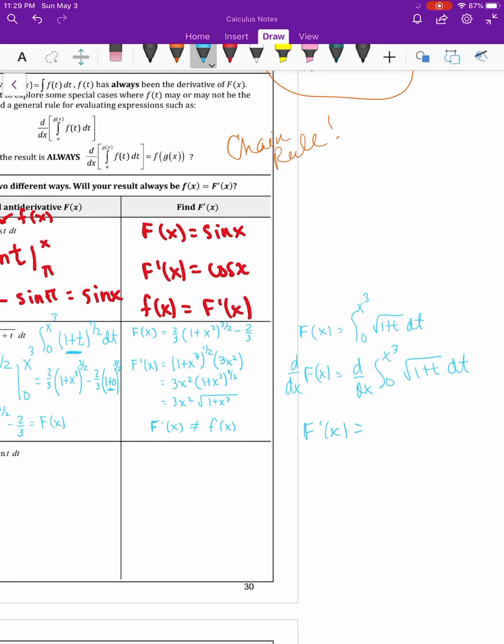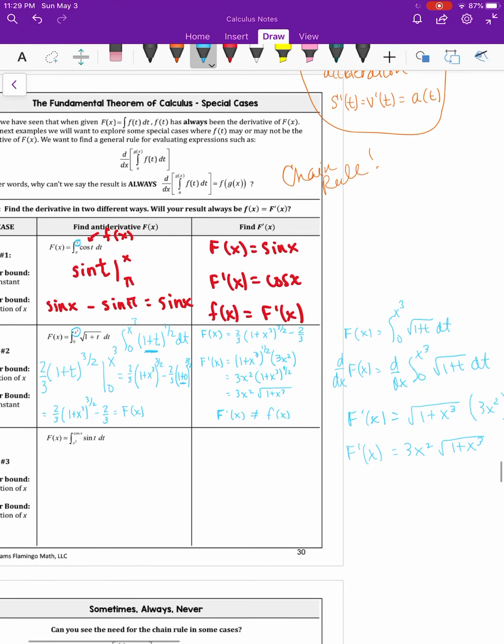If you're taking the derivative of both sides here, this is going to give you capital F prime of x. Remember I said that the derivative and the integral cancel each other out, and that you are going to be putting your x cubed in where your variable is, but then you're going to have to multiply by 3x squared.